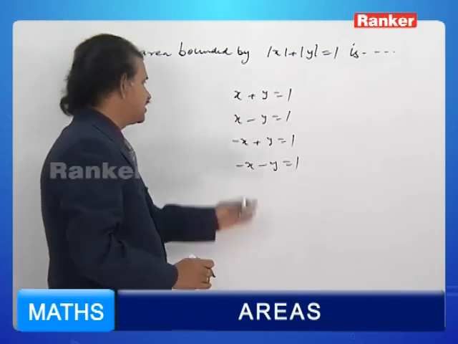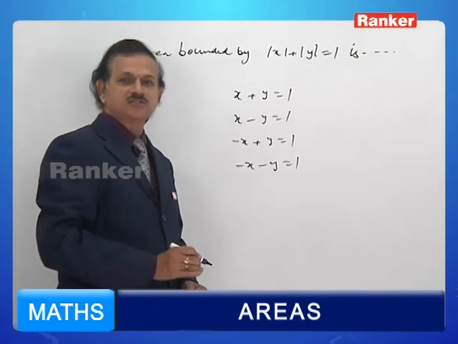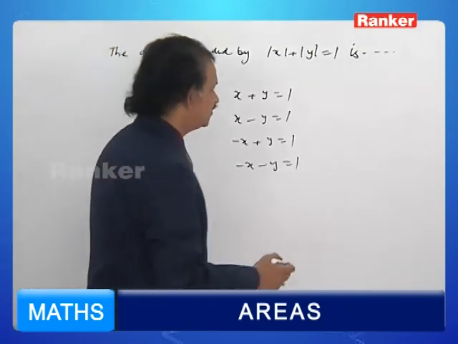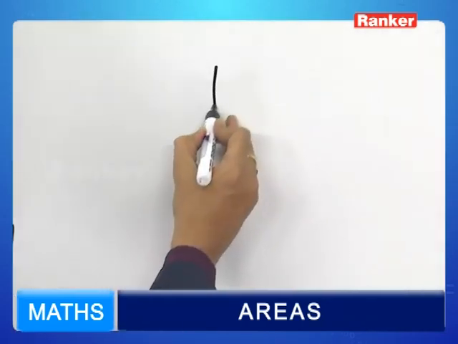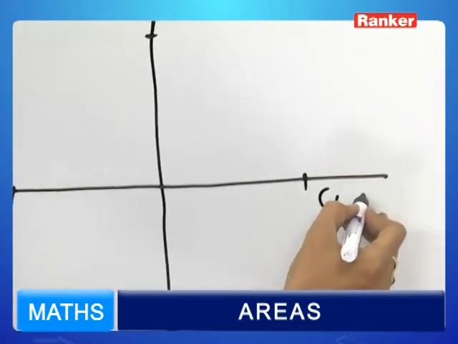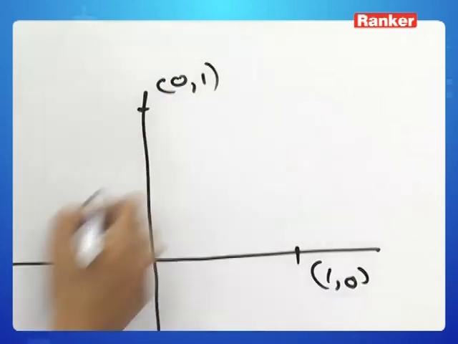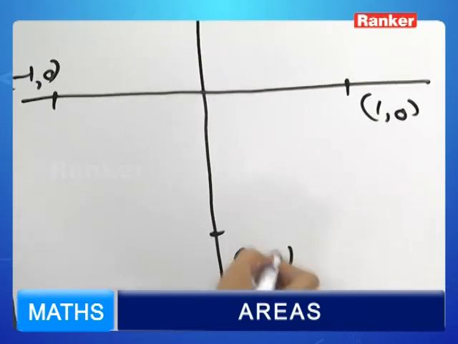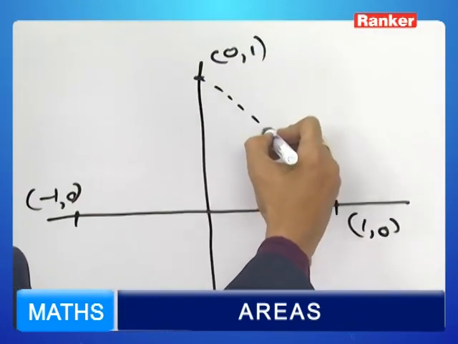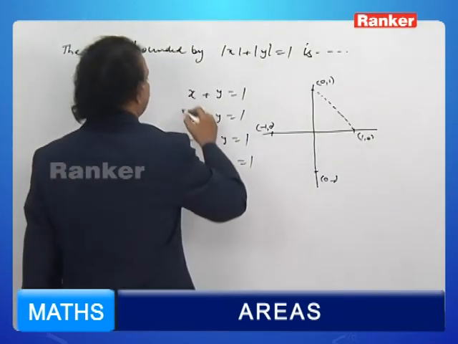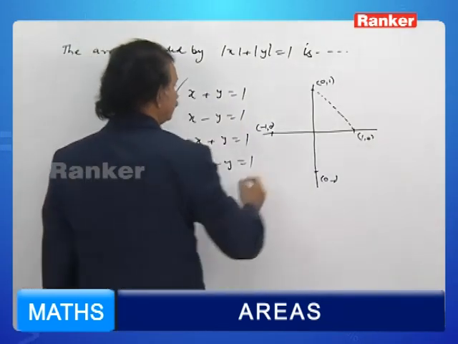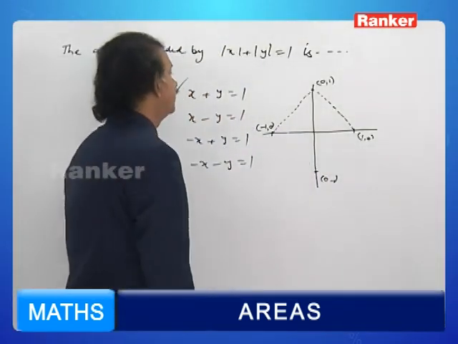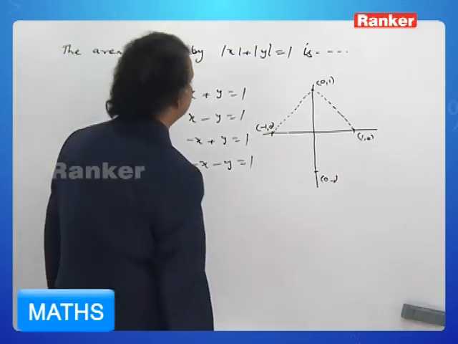So, by looking at all these four cases, we can easily understand that all these four correspond to four straight lines. What are those four straight lines? This is 1, 0. This is 0, 1. This is minus 1, 0. This is 0, minus 1. Observe this. X plus y is equal to 1.